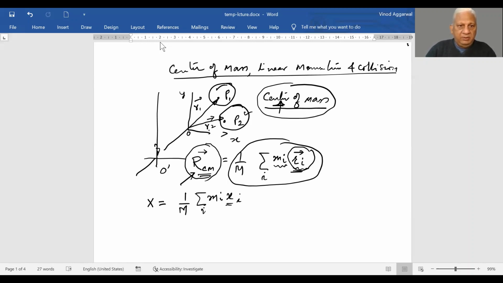Okay. Similarly, the y component of the center of mass will be found in exactly the same way, and the z component will be similar. Okay.